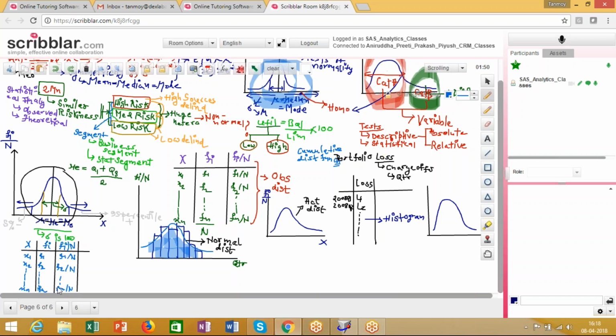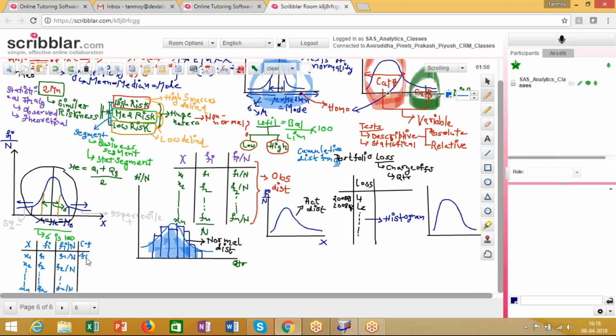Then what we have is the cumulative distribution function, that is CF. So the first level of cumulative distributive function is f1 by n.